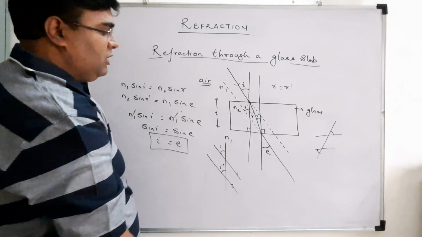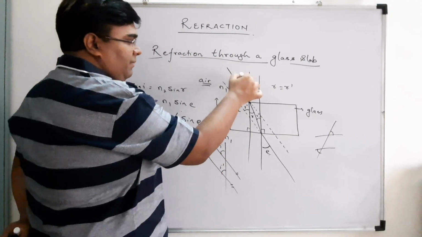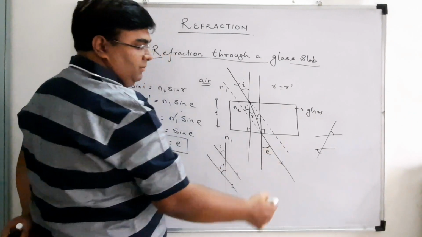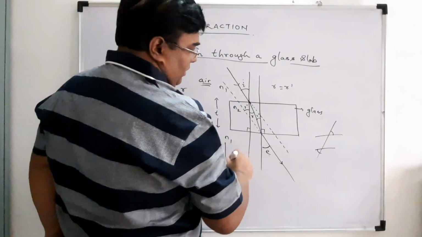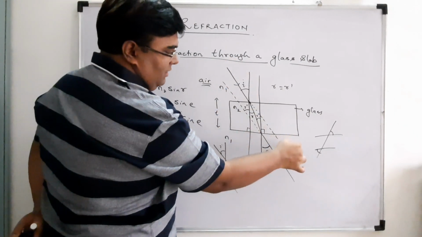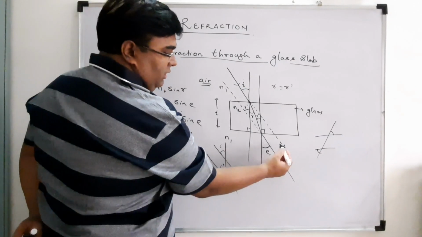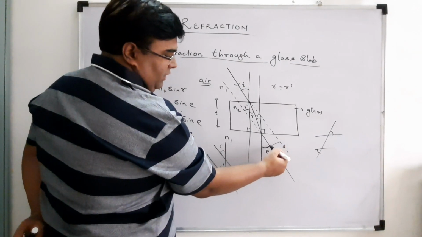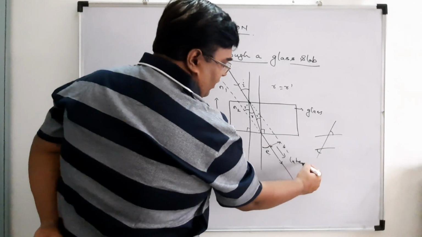So the incident ray and the emergent ray are parallel to each other. But the incident ray was going in this direction, while the emergent ray is going in this direction, so there is a shift. This is known as lateral shift or lateral displacement.